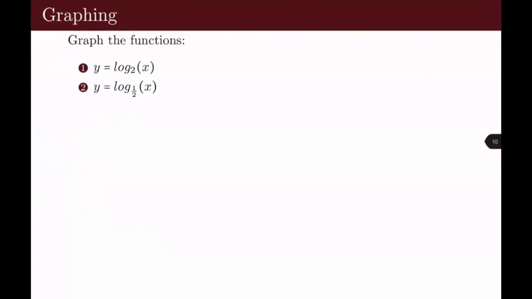Next, we want to graph these functions. So I'm going to first do the log base 2 of x. So again, we'll have our table of x's and y's. And then we can't pick negative numbers because there's no way you can ever have an x in the exponent where 2 to the x will equal negative 1, right?